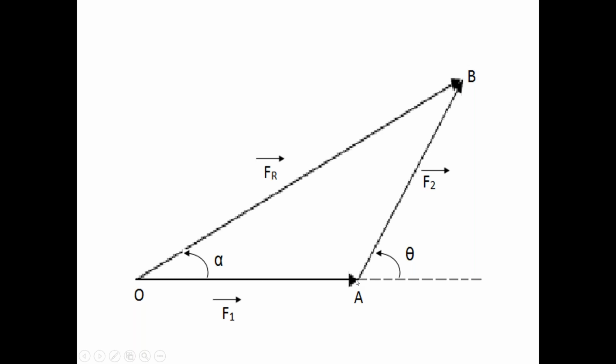On the straight line, select the point A so that the length OA is equivalent to the magnitude of the force F1 bar. For example, if F1 bar is, say, 15 newtons, take 1 centimeter equal to 1 newton. 1 centimeter length of this straight line is equal to 1 newton.